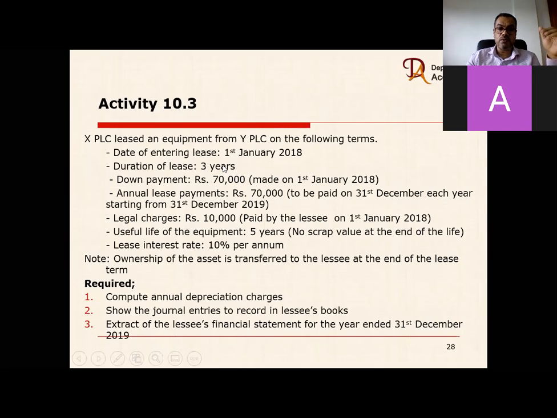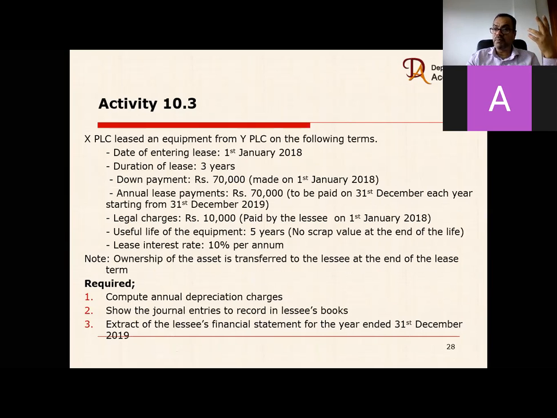Therefore, we need to ask whether the ownership is being transferred or not. That information has been given. Note, ownership of the asset is transferred to the lessee at the end of the lease term. What does it mean? The asset is going to live with you over its useful life.